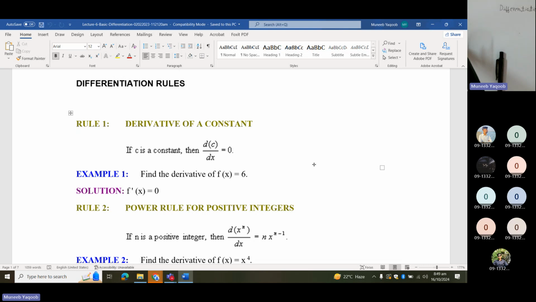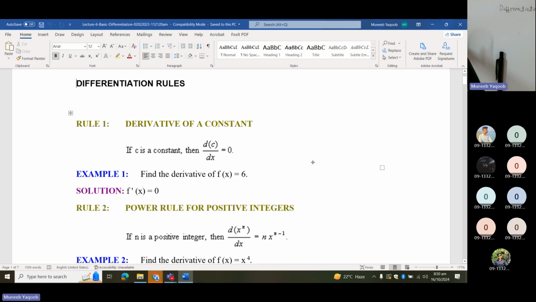Why is the derivative 0? Because we need to calculate the derivative of a constant 6. Since 6 is constant and it does not change, its derivative is 0. We must know that f of x equals 6 is a horizontal line which is named as y equals 6.